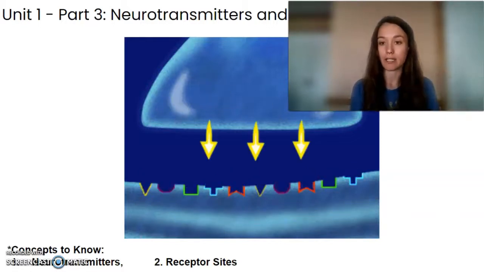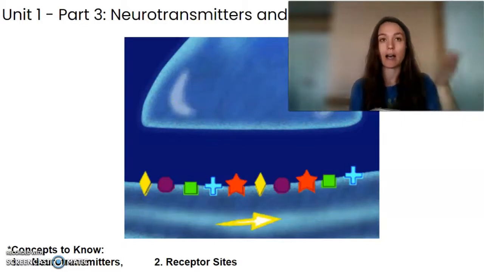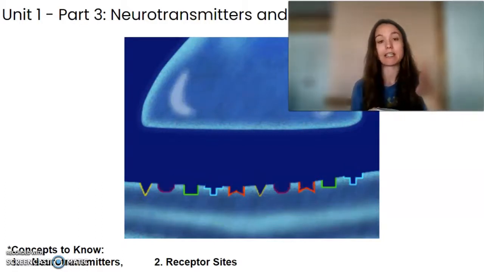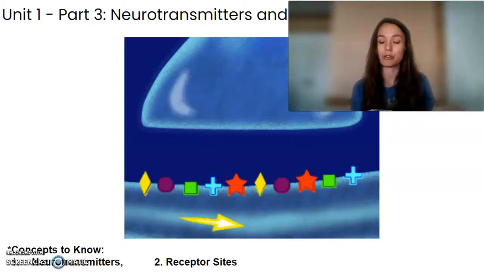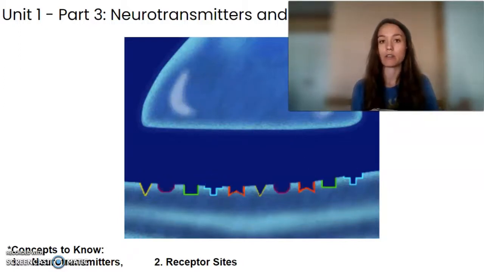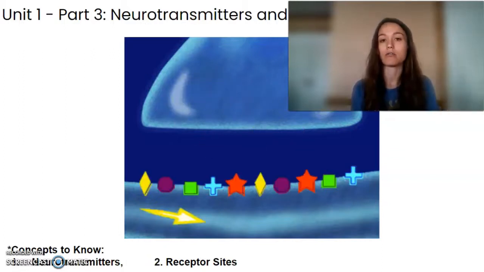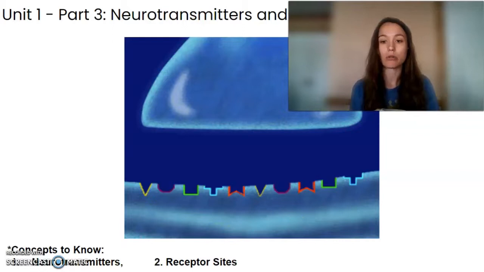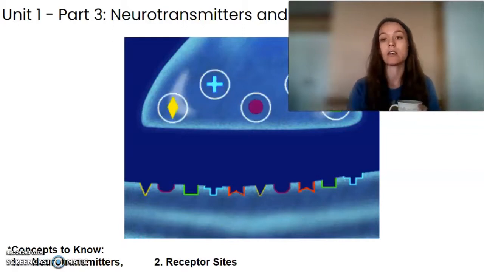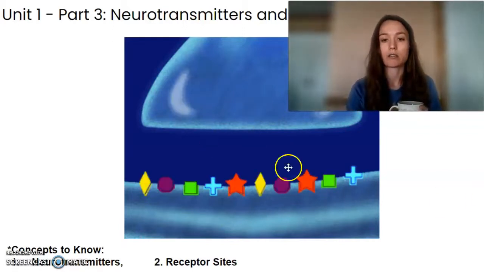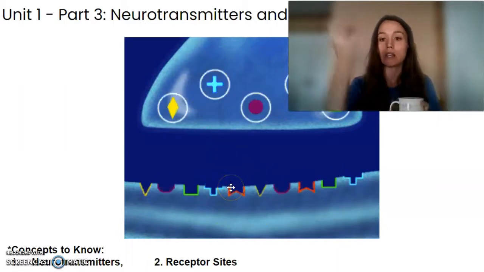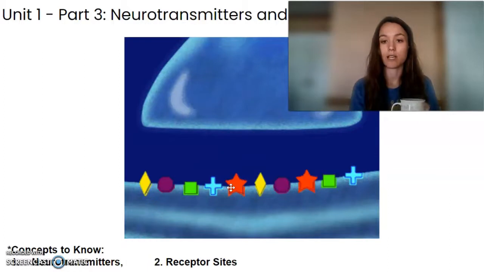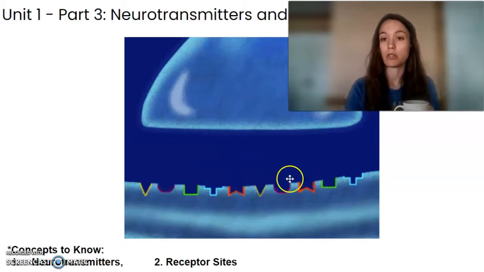I've heard it described like a key and a keyhole. You have to have a specific key that fits into that specific lock in order to open the door. The same thing is true with neurotransmitters and the receptor sites. Dopamine only fits into a dopamine receptor site. Serotonin only fits into that unique serotonin receptor site. So this diagram gives you an idea of how those chemicals, when they move across, fit into the receptor site that is unique to that particular message.